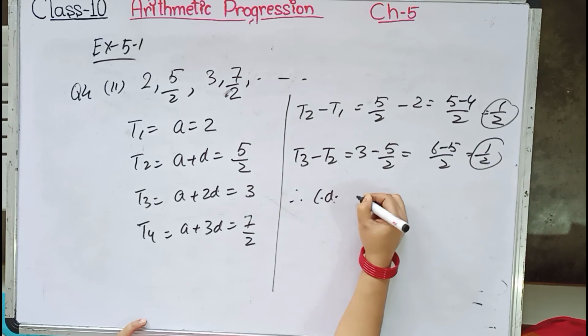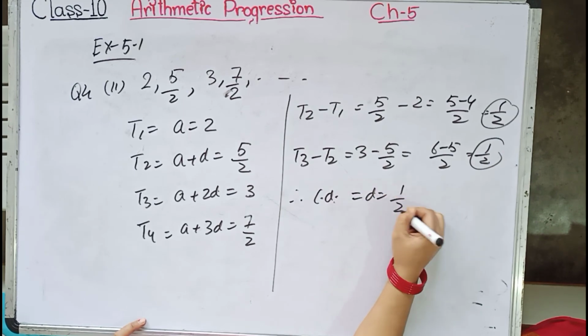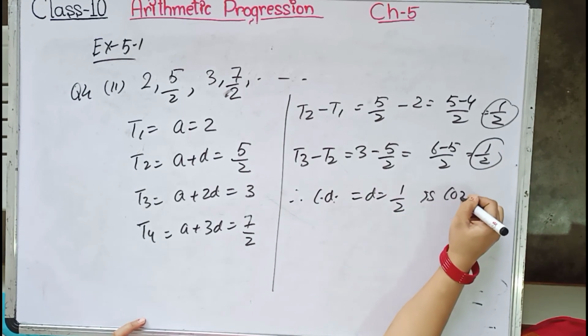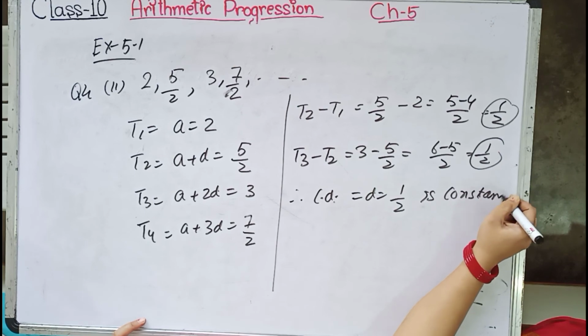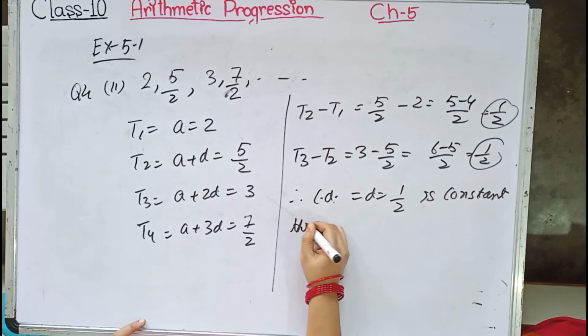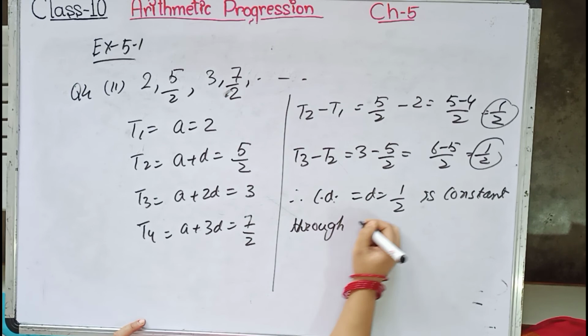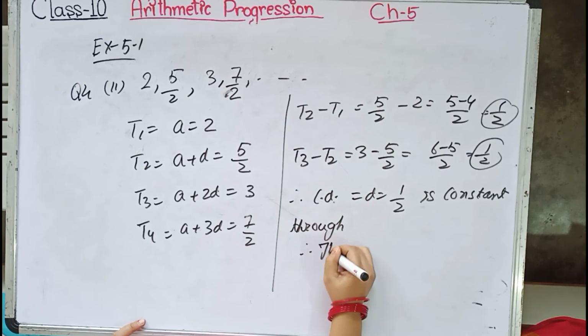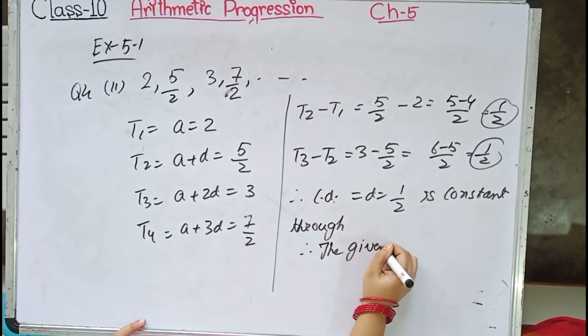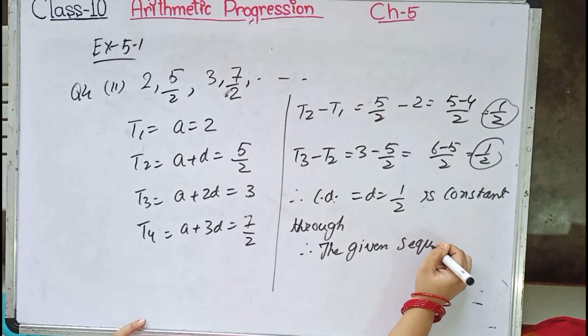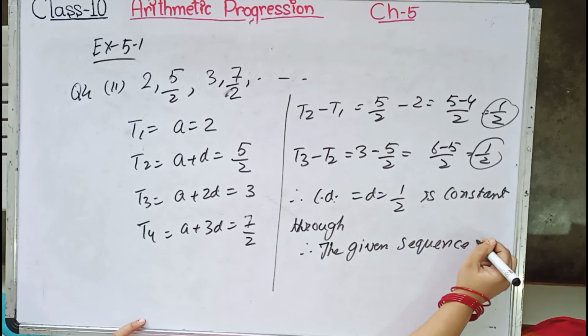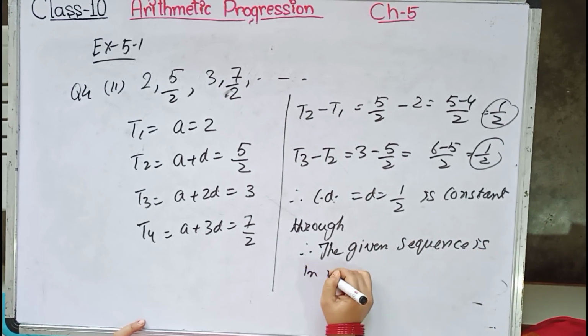Therefore the common difference D equals 1 by 2 is constant throughout. Therefore the given sequence is in AP.